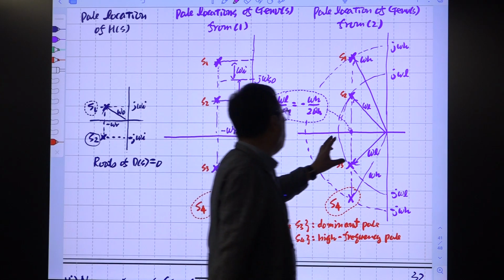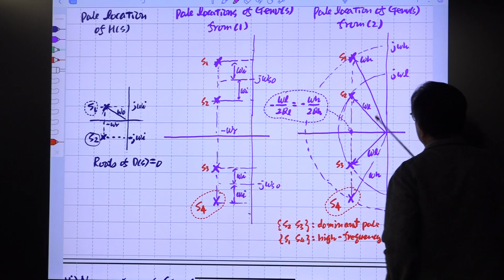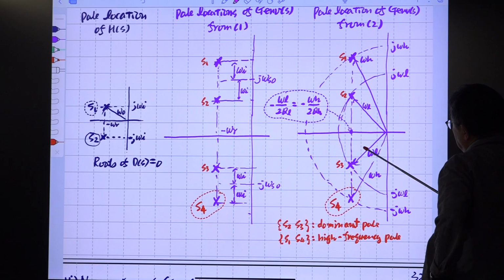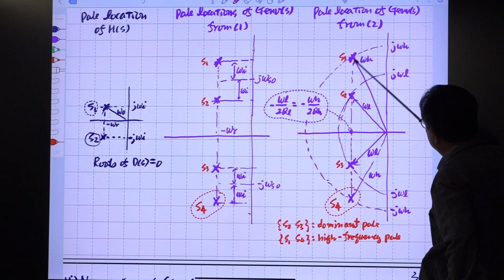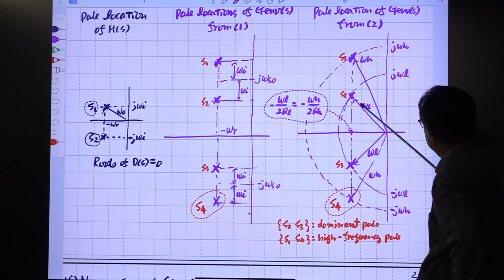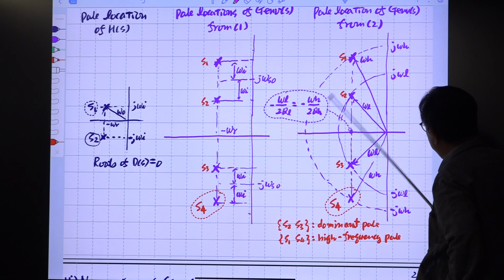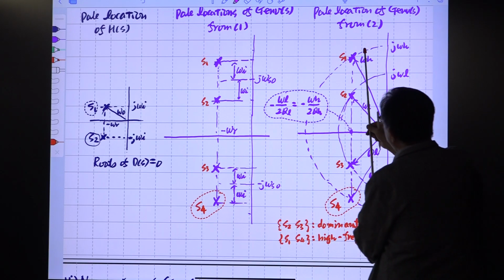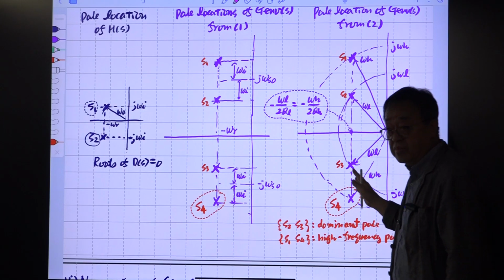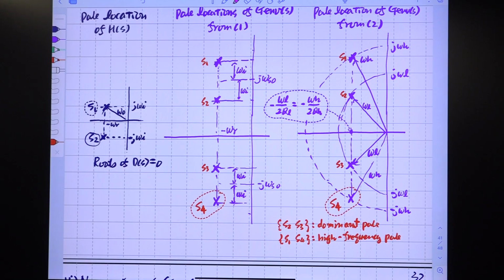So the distance from the origin to the pole location, root location, is omega_L, omega_H, and the location on the minus real axis is related to this one, but this axis remains the same, so they should be the same. Okay? This is very complicated to explain, right?